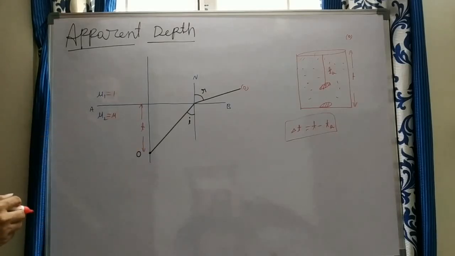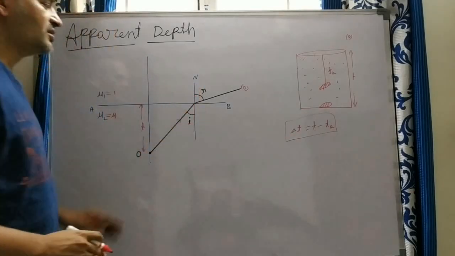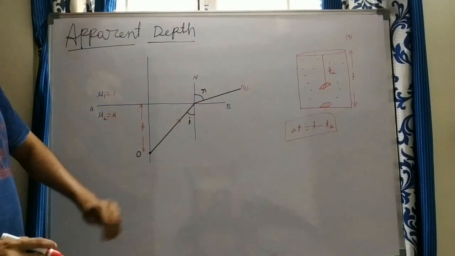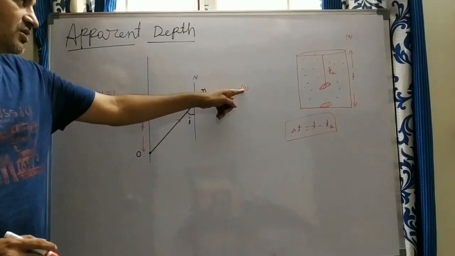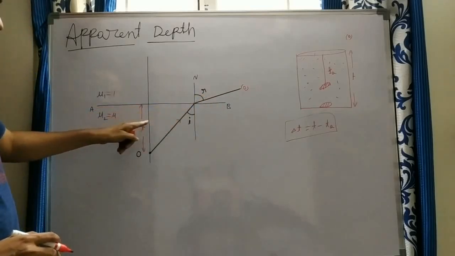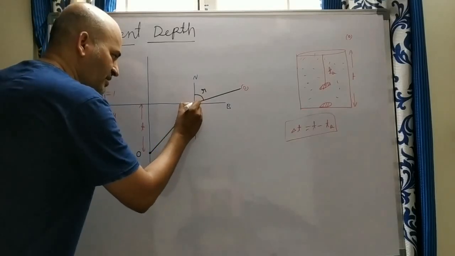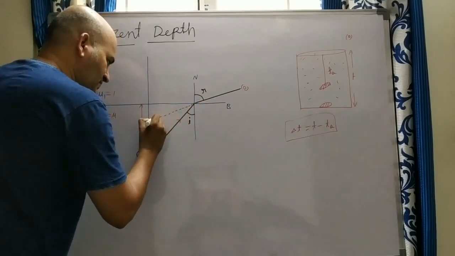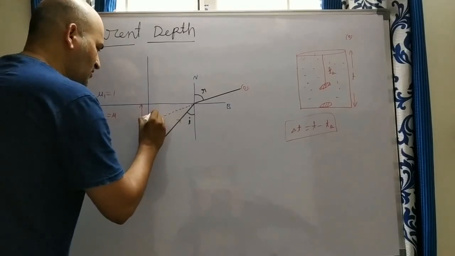Here is the object, and because of refraction, when light enters from denser to rarer, the refracted ray bends away from the normal. The person who observes the coin or the point object feels that the object is here. That means if you extend this line backward, this angle is r, so this angle is also r.